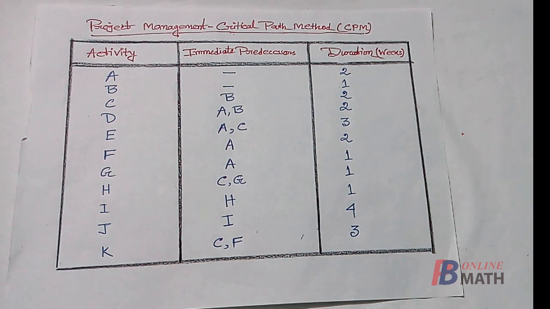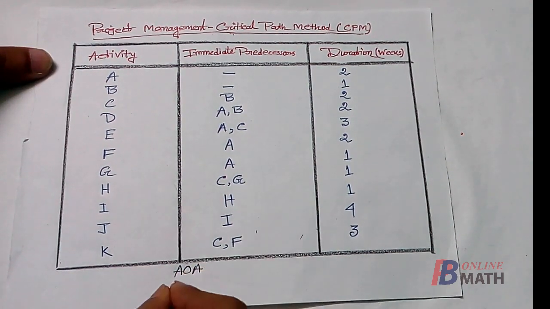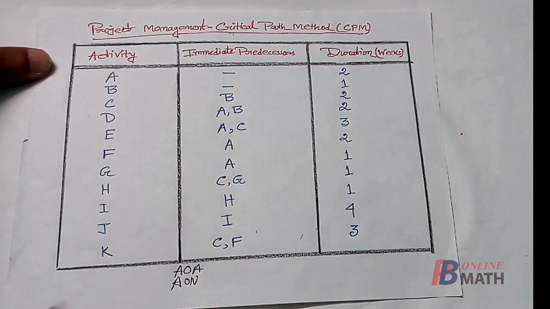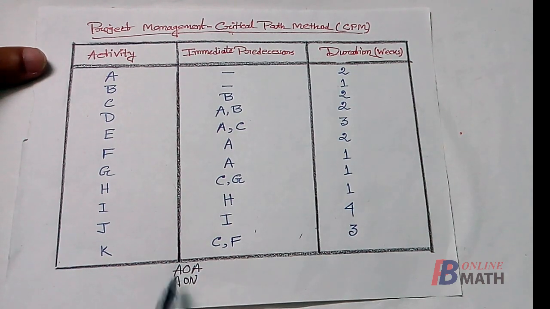So there are two possible ways to express this project in terms of networks, which are called AOA and AON. So what is the meaning of AOA? It is called activities on arcs. That means every arc of the network will represent an activity.